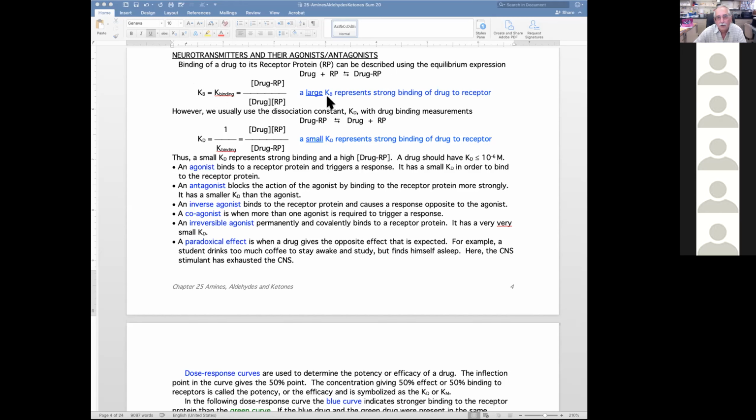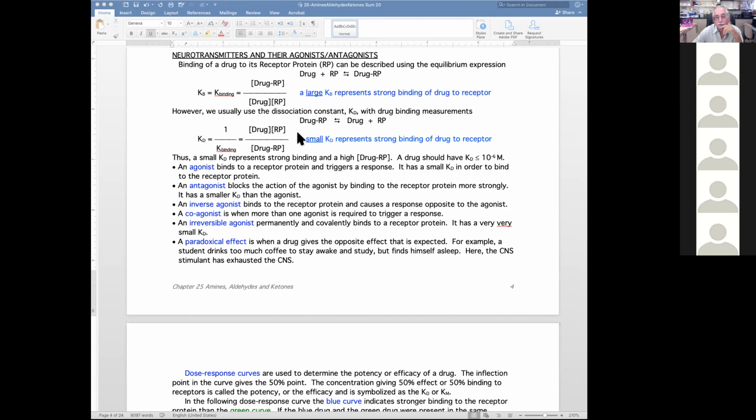So if you have a large binding constant, what does that mean? You have a lot of the drug bound to the receptor protein compared to what's not bound to the receptor protein. So that's extremely easy to think of. Unfortunately, most of the people, when they talk about this, they use the opposite.